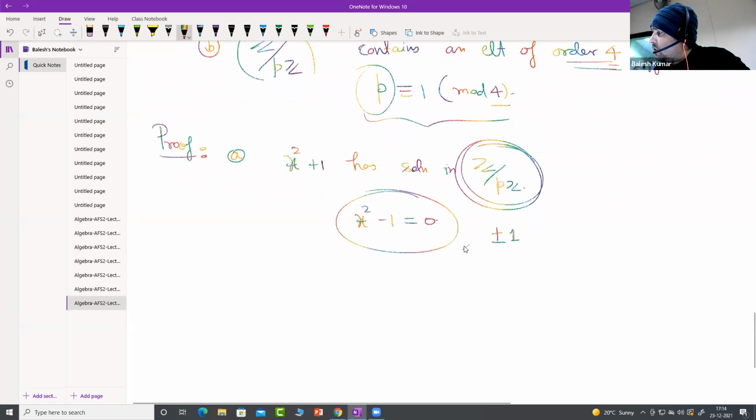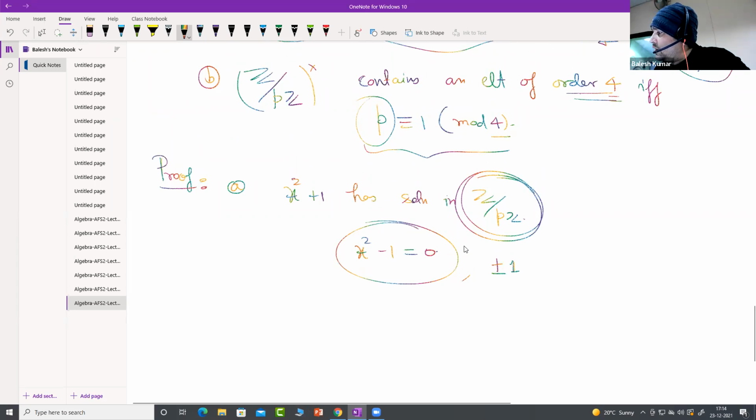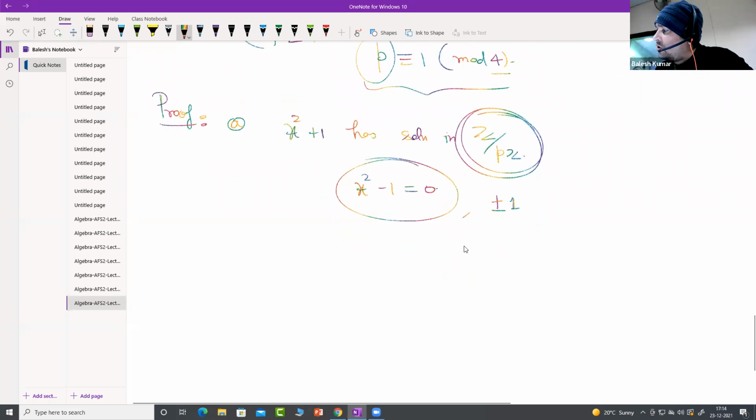And so what we would like to prove here is that if we are given that x square is congruent to minus 1 mod p, then this has a solution. So the aim is to prove that there exists an element of order 4.